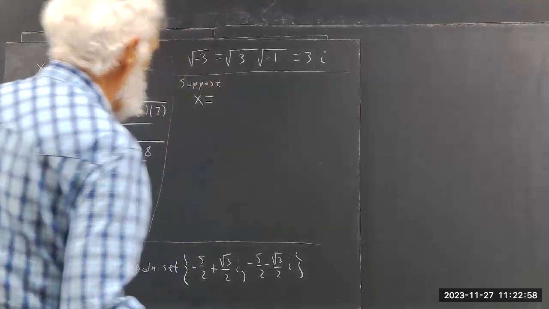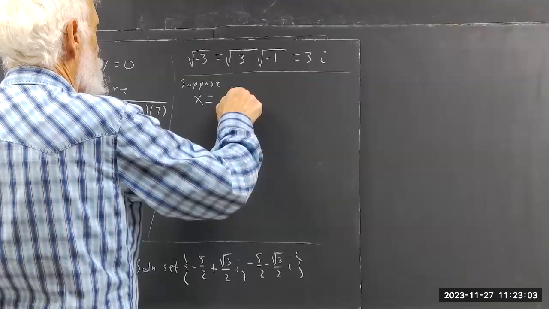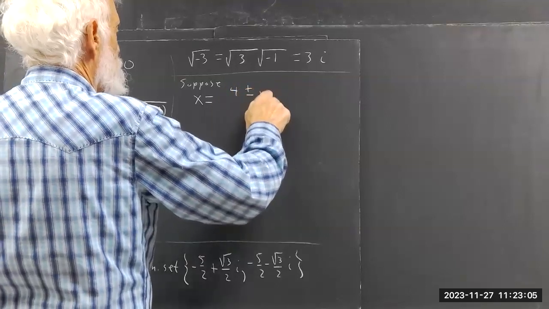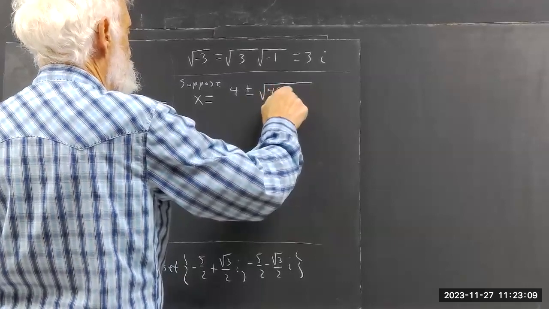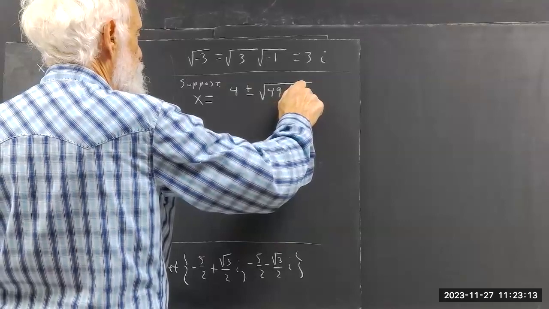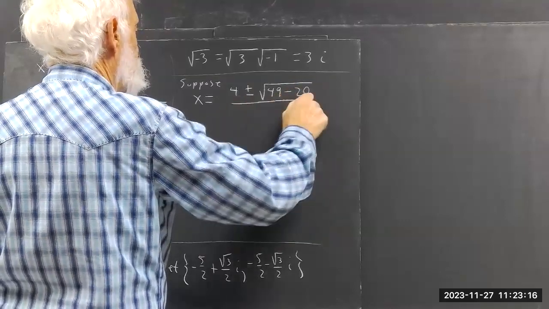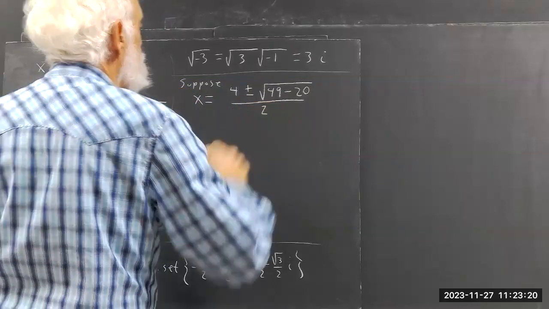Suppose we've got an equation that gives us x equals 4 plus or minus the square root of 49 minus 20, and all that over 2.